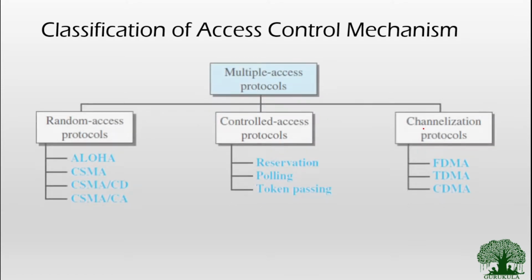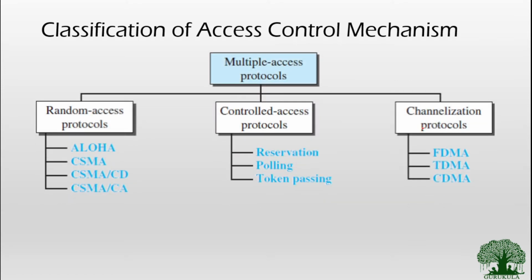There are quite a lot of classifications available in access control mechanisms, and they can be broadly classified into three types. The first one is random access protocol, the second is controlled access protocol, and the third is channelization protocol. Here on our Gurukula channel, we will discuss each and every classification of access control mechanism in subsequent videos.